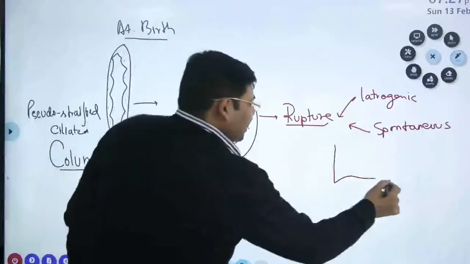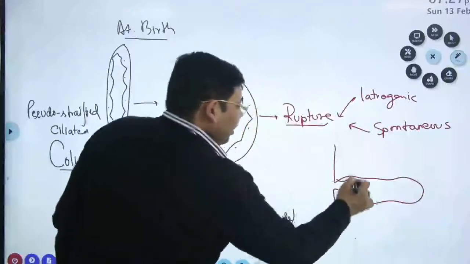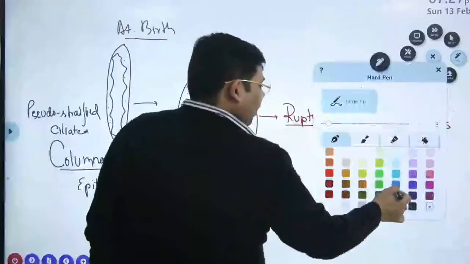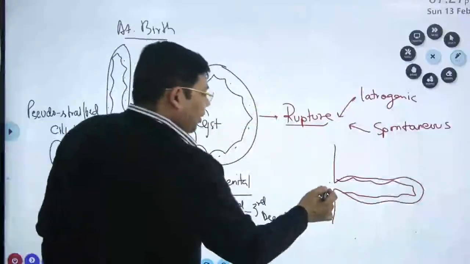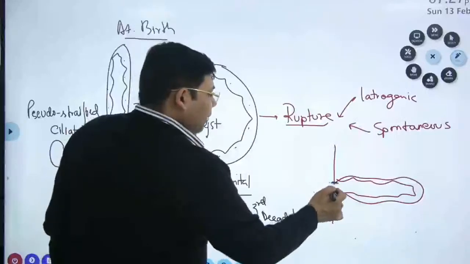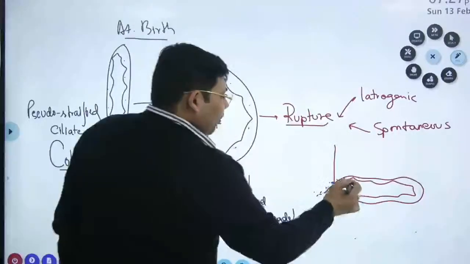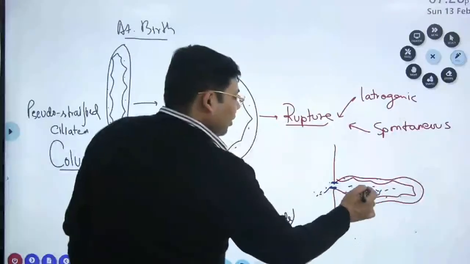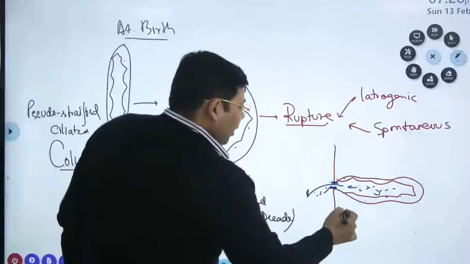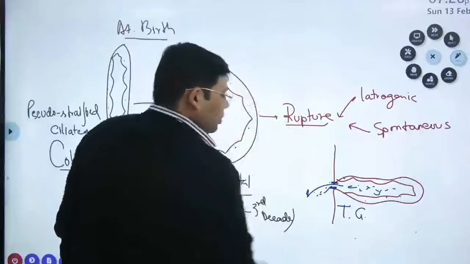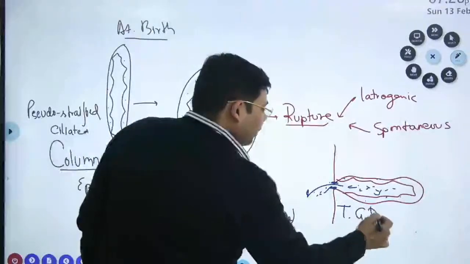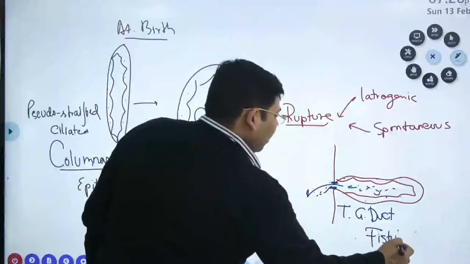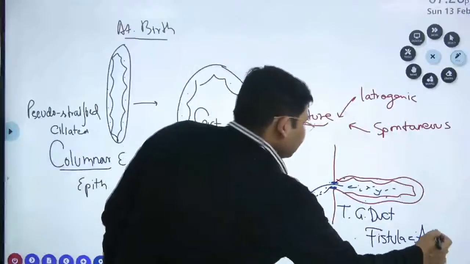The moment it gets ruptured, it gets a way to empty its secretions, and therefore it will never dry up and heal, and there will be epithelialization here. Why? Because these are the cells which will keep on producing something or another, and this will keep on secreting, and here is the founding stone for the thyroglossal duct fistula. So always remember that the fistula is acquired and the cyst is congenital.